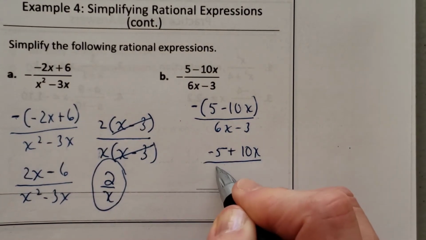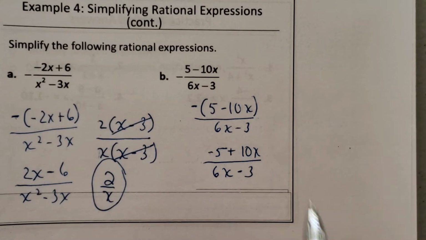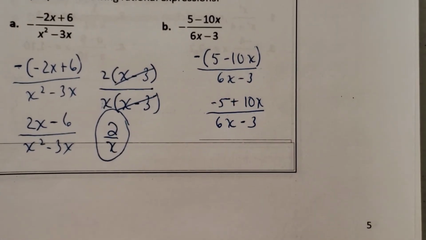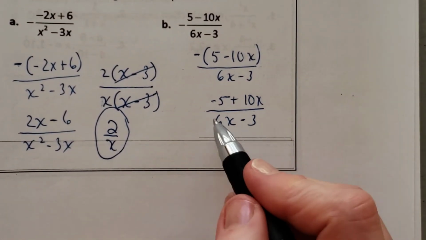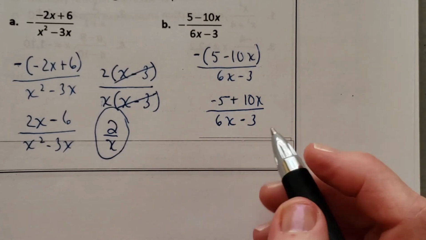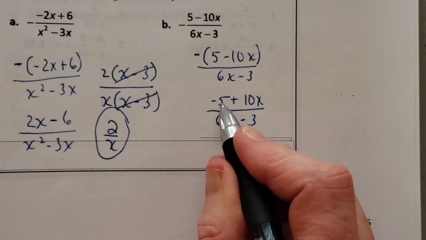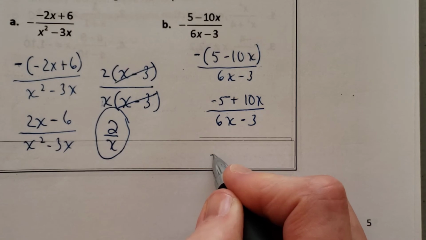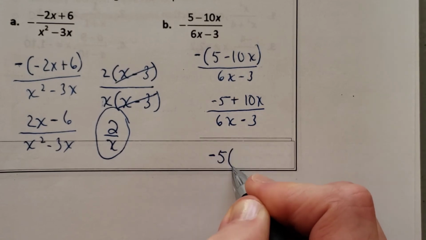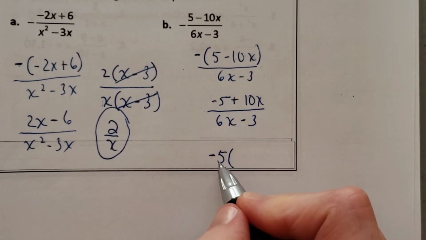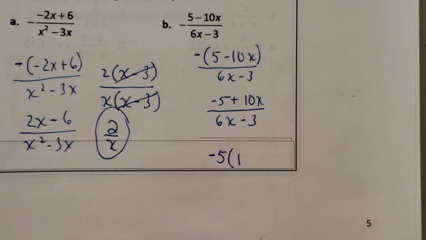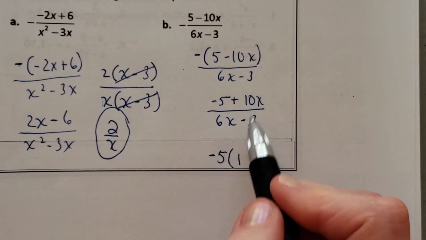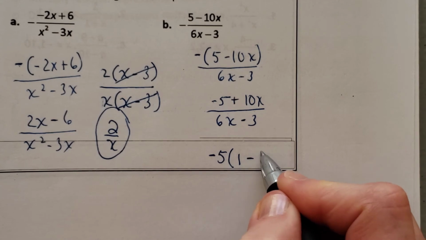And I'm going to put that over my denominator. Now, what can I divide negative 5 and 10 by? You can think I can divide them both by 5, but I always try to make that first number a positive. So I'm going to pull out a negative 5. Negative 5 divided by negative 5 is positive 1. 10x divided by negative 5 is negative 2x.